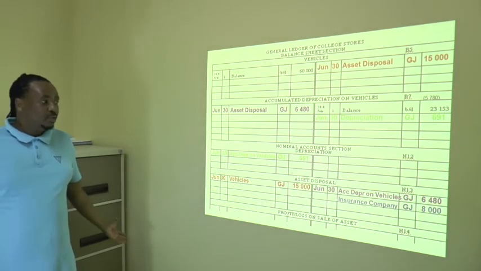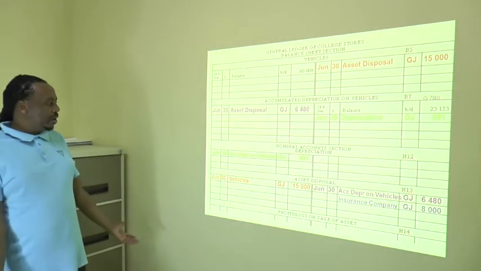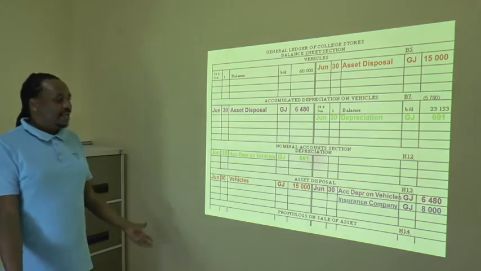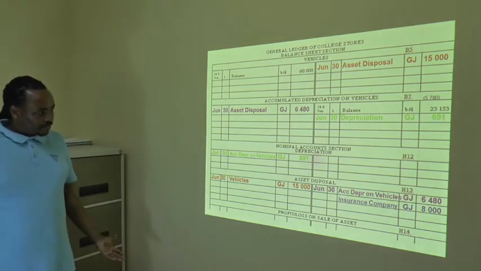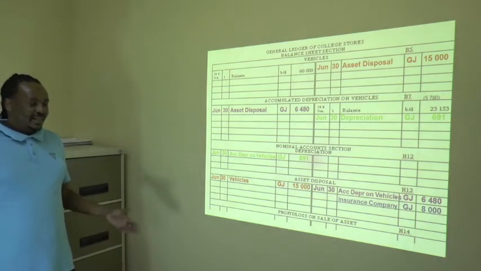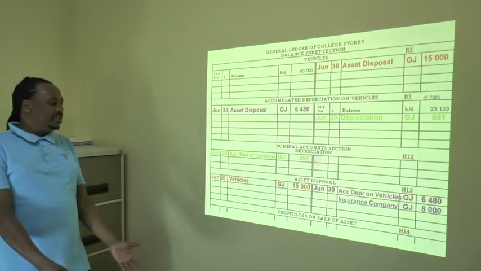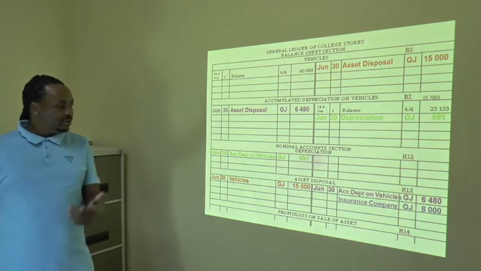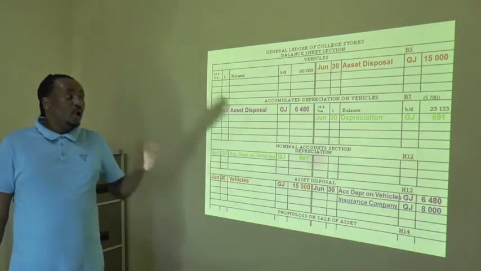It can happen that we had an accident. One of our drivers had an accident, and then the insurance wrote off the car. So that's how it was disposed in this example.